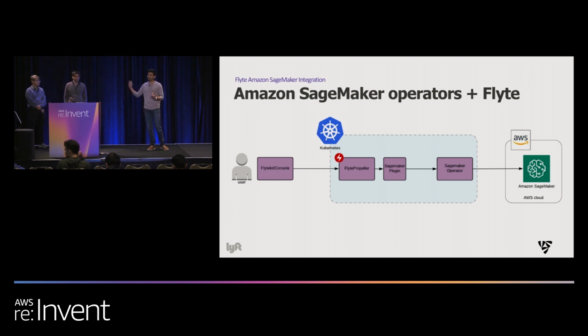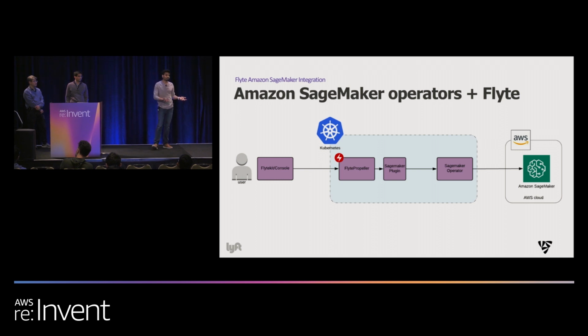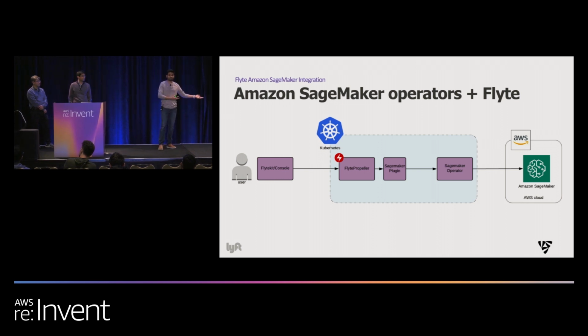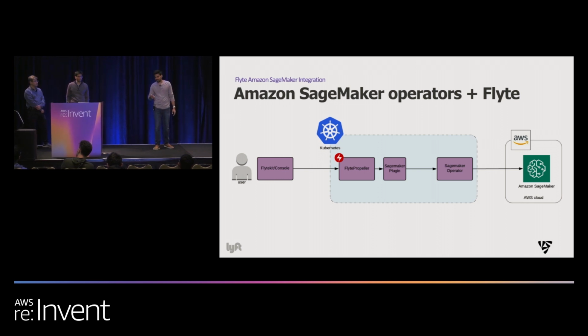It actually goes and runs a job in SageMaker and returns the results back. And all of this is completely hidden from the user. The user thinks he's using the Flight platform. And at the back, we may show that it's actually a SageMaker job. But if we switch it out in some cases to something else, that's perfectly fine. Or if we think that today, whatever you're using, we replace it with SageMaker, that's also perfectly fine.